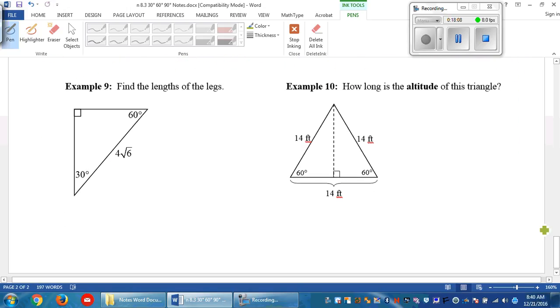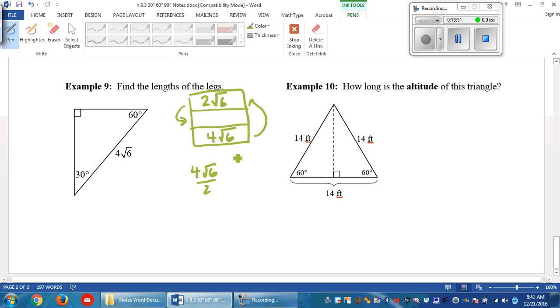And to finish up, same thing here. We have the hypotenuse side is 4 root 6. We want to go up to x, so that means you're going to divide by 2. So you're taking 4 root 6 divided by 2, and you get 2 root 6.